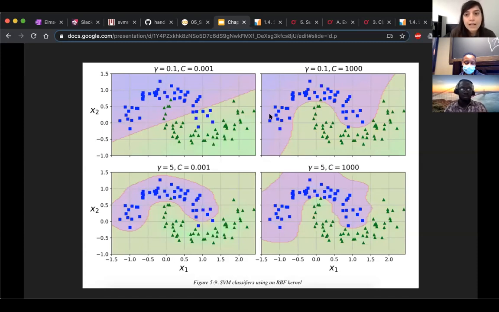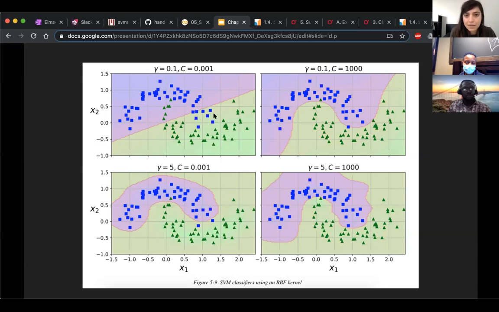So first, let's talk about how C has changed our decision boundaries. On the left side, we have a very delicate C, I would say. So this is a very soft margin, so it's letting lots of stuff be misclassified.